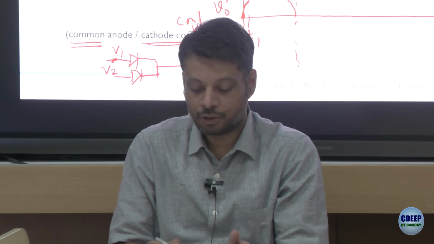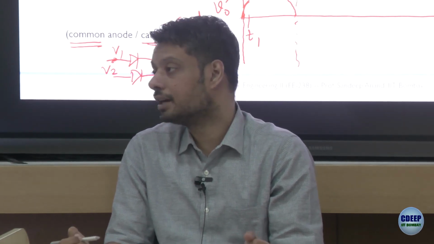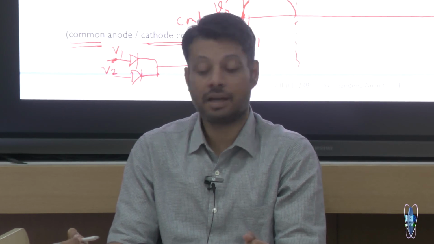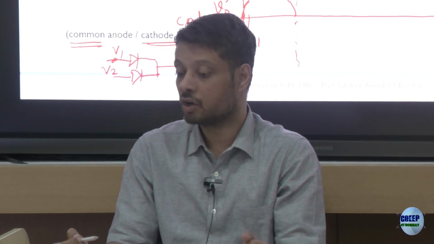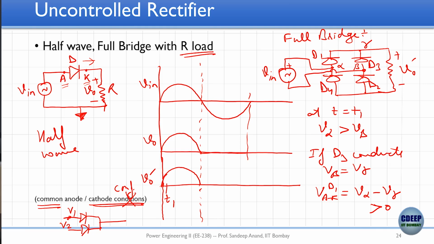This is common cathode. Similarly, you can see common anode. You look at D2 and D4, which one will conduct at T1? D2, because the cathode potential of D2 is less, right. So that forms the common anode configuration.